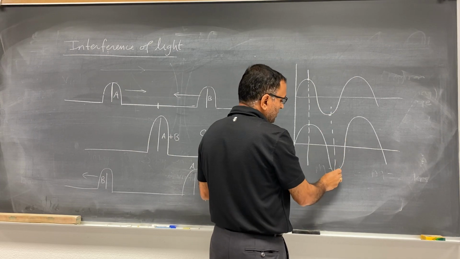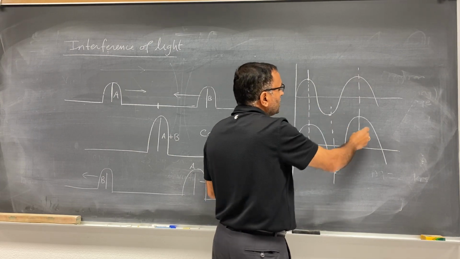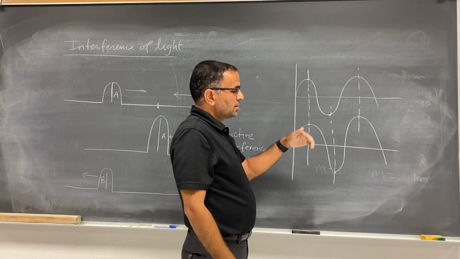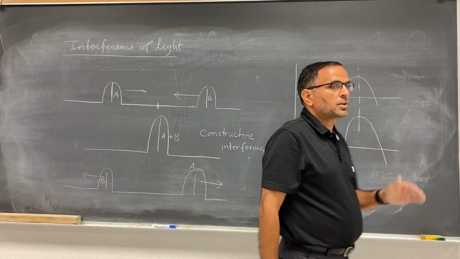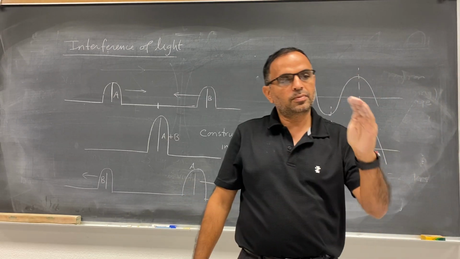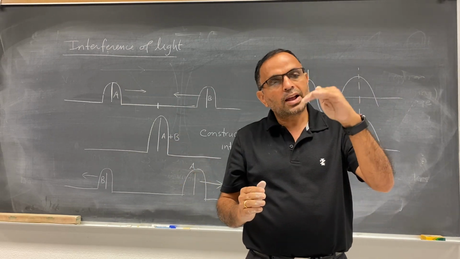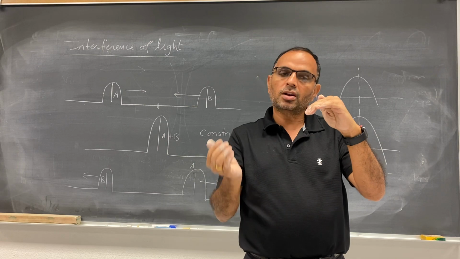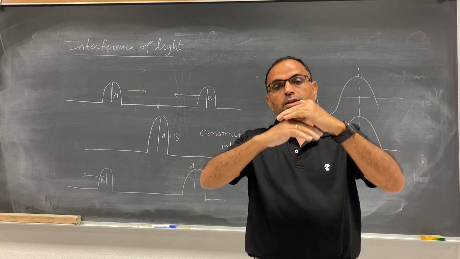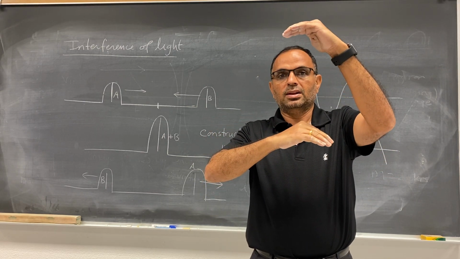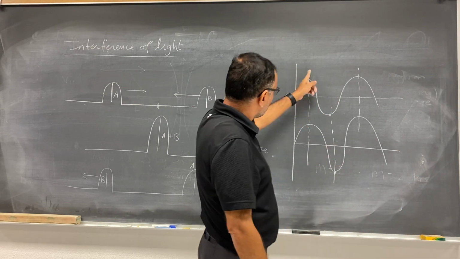You can think about it like a ripple, one ripple coming from this side and another ripple coming from this side. If the crest of the first ripple falls on the crest of the second ripple, you see a really big one. That is constructive. Same as this, the crest falls on the crest.